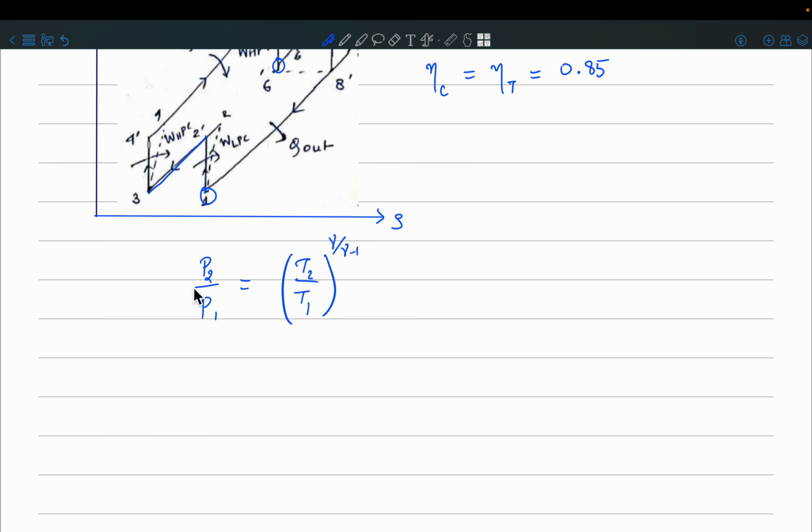Okay, and how do we find P2? So remember, we were given also the pressure ratio Rp as 6.5, right? And in an ideal situation, despite using the intercooler, the pressure ratios should remain same, right? And both the high pressure and low pressure compressor have the same pressure ratio. So now we can simply find P2 is P1 times Rp.